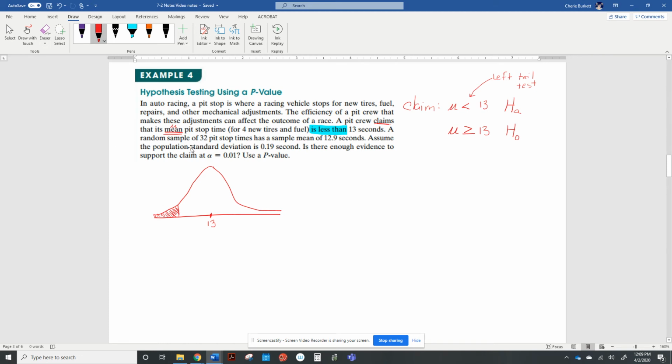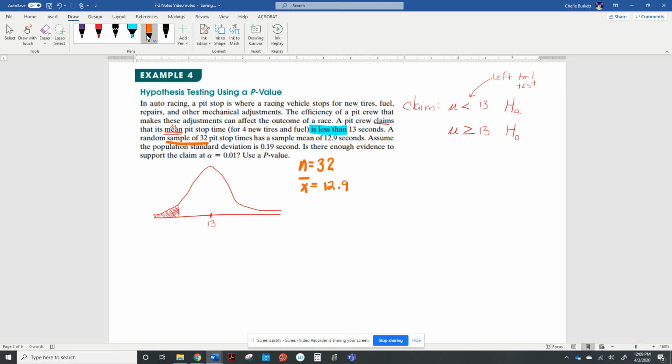A random sample. Do you see the word sample right there? So this is our sample size. It has a sample mean of 12.9.